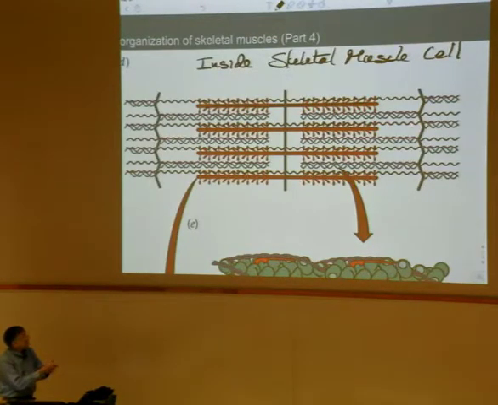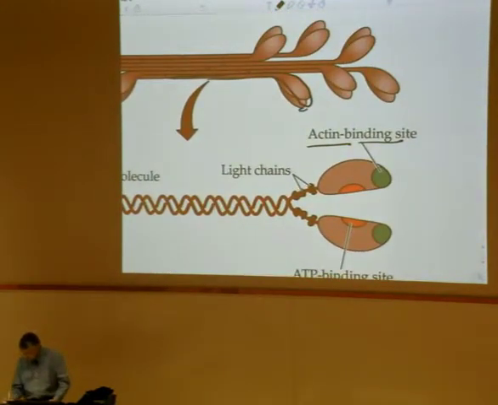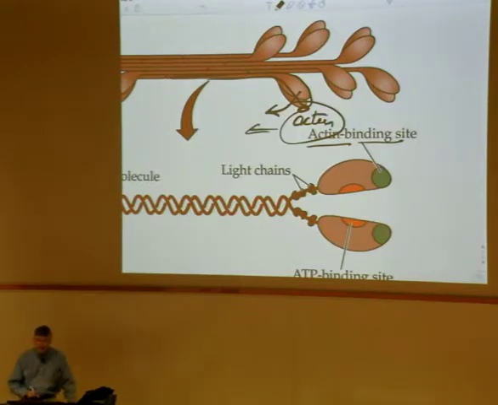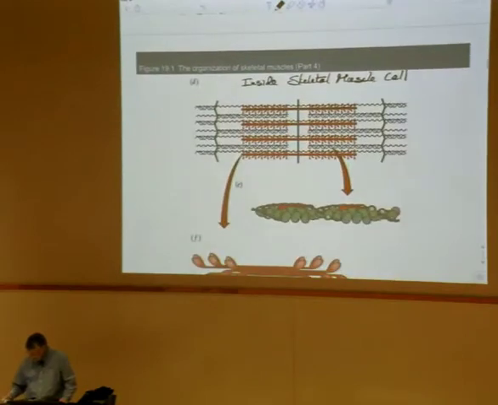The ones at this end are all oriented like so, and the ones over here are oriented like so. And what the myosin heads are going to do is attach to an actin and then move, pushing, okay, pushing or pulling, depending on how you look at it, but moving that actin.